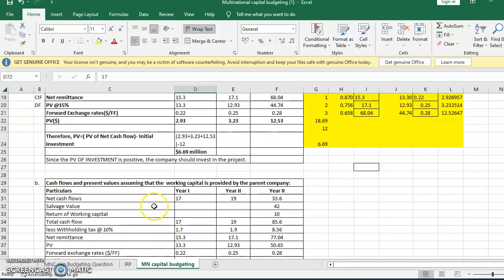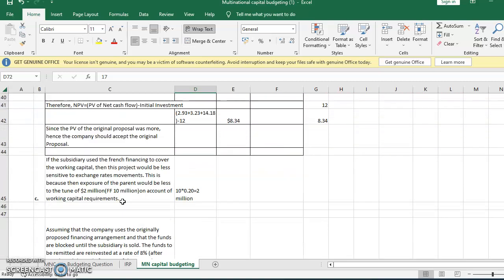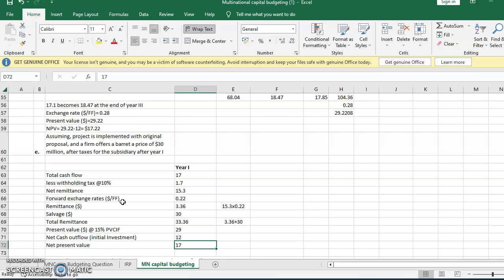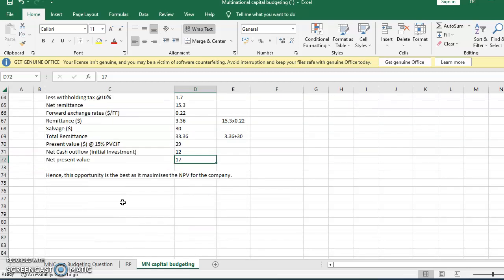You operate it in different scenarios, still we find the NPV is positive. Thus we can conclude from the details compiled that the company can accept the proposal. So NPV is positive, therefore the proposal is recommended.